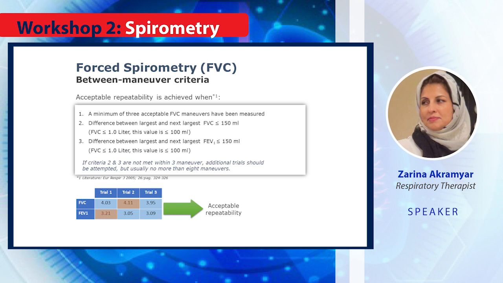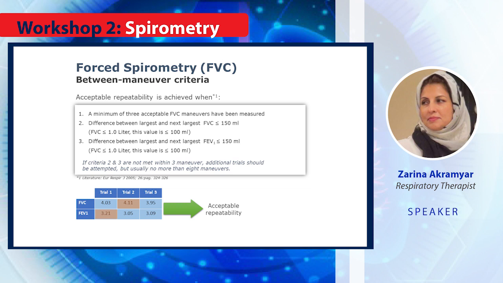And third is the maneuver acceptability between the maneuvers. We have to have at least 3 acceptable tests with repeatability. Second, the difference between the 2 largest FVC has to be 150 ml or less.